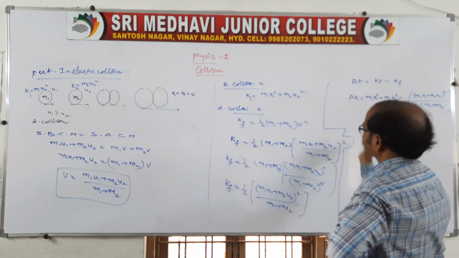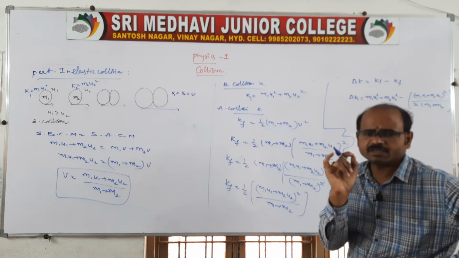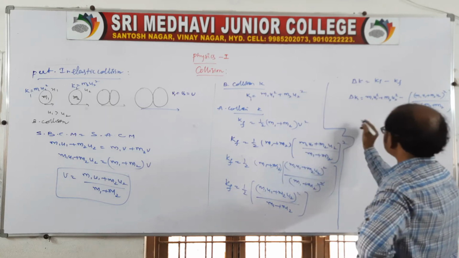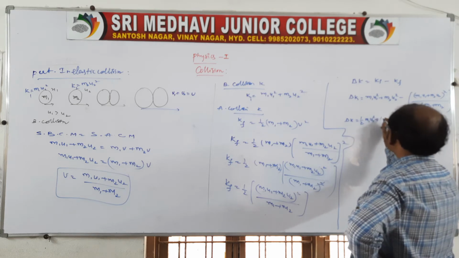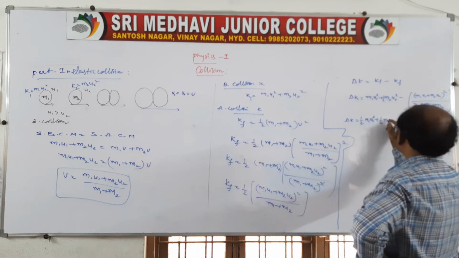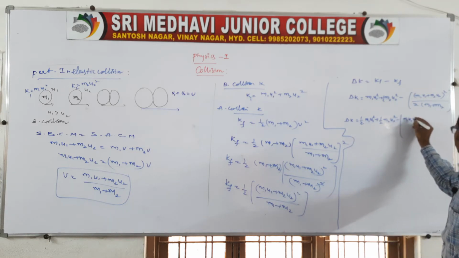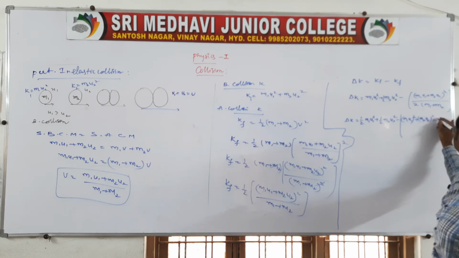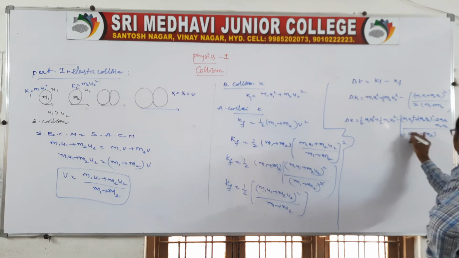Actually the derivation is not required, the final expression is very important. Earlier we wrote it directly, but now I am giving the derivation of how to derive it. So delta K equals 1 by 2 m1 u1 square plus 1 by 2 m2 u2 square minus (a plus b) whole square, giving m1 square u1 square plus m2 square u2 square minus 2 m1 u1 m2 u2 by (m1 plus m2) into 2.